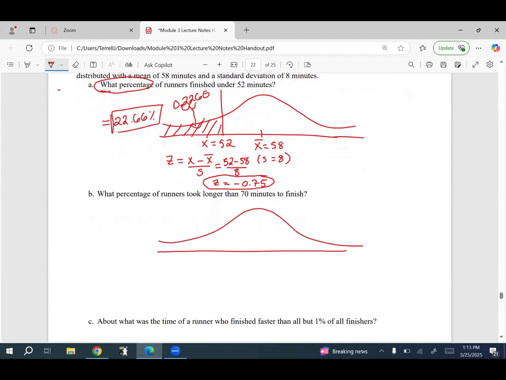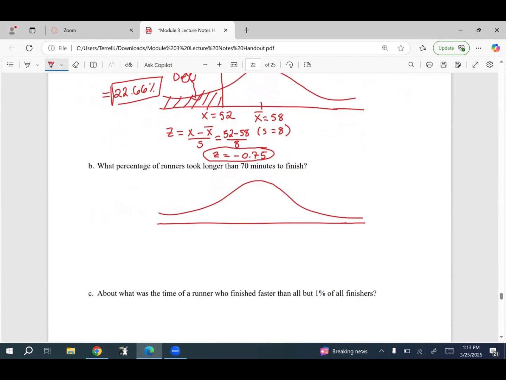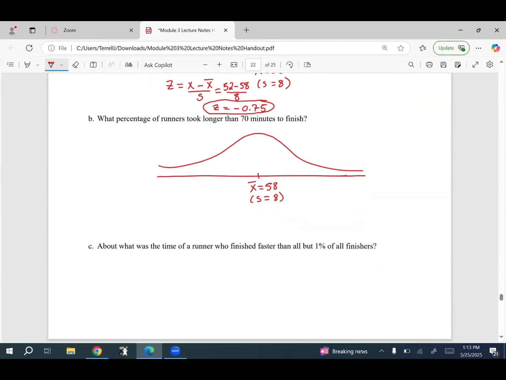So I'm going to draw this normal distribution again. My mean is 58 and my standard deviation is 8. Now I'm interested in longer than 70 minutes. Well, I know 70 is going to be somewhere here to the right, above 58. How do I determine how many standard deviations that is?